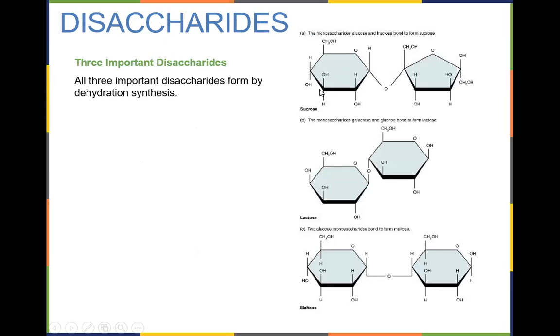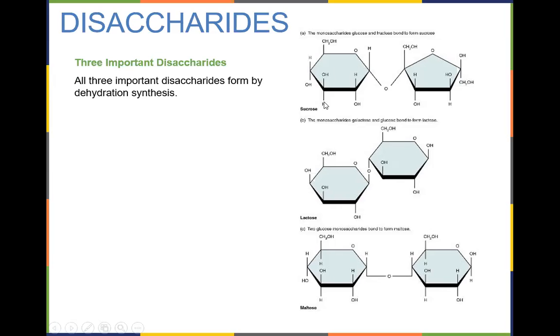And so we see here's sucrose right here, table sugar, which is glucose and fructose linked together. Here is lactose, milk sugar, which is galactose and glucose linked together. And then here is maltose, which is 2 glucoses linked together.